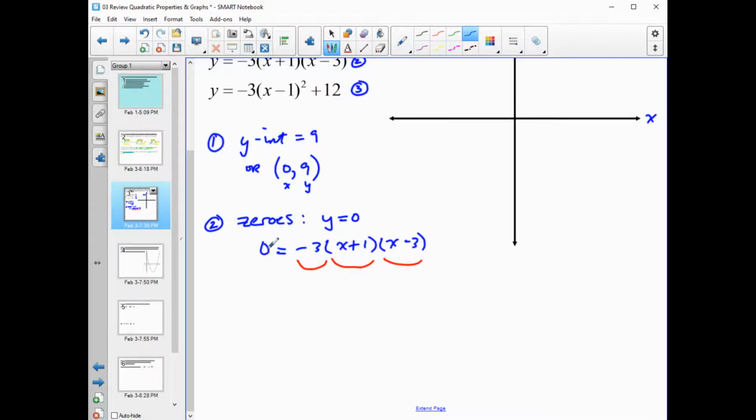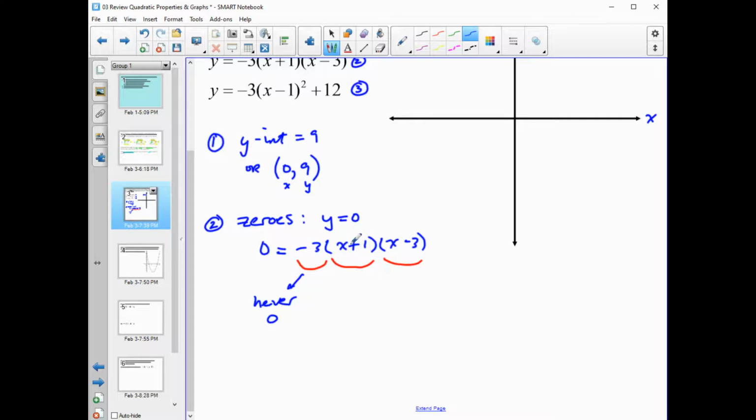Now, the only way that you can take things and multiply them together and end up with a 0 is if one of those things is equal to 0. So first of all, the number -3 is never 0. It's not possible for the -3 to be driving this to be a 0, because when you multiply something by -3, you don't produce a 0.